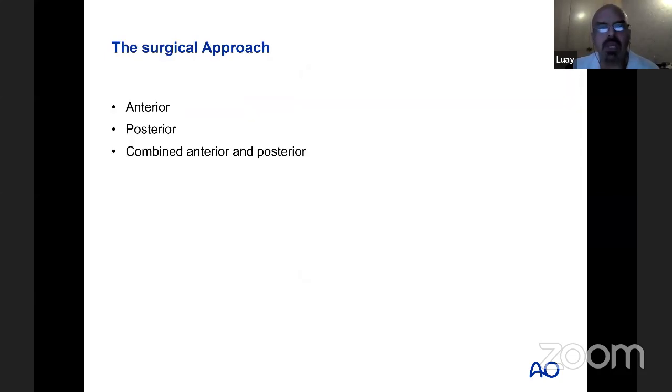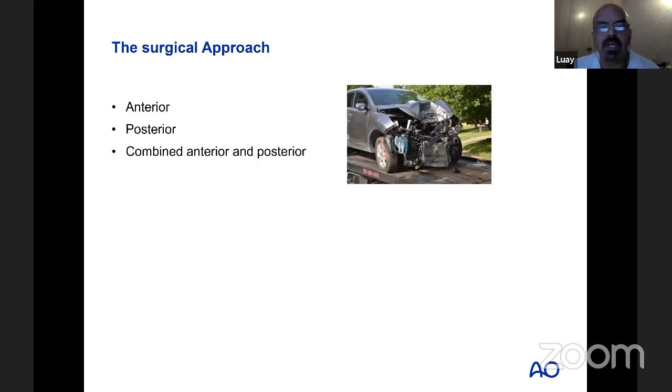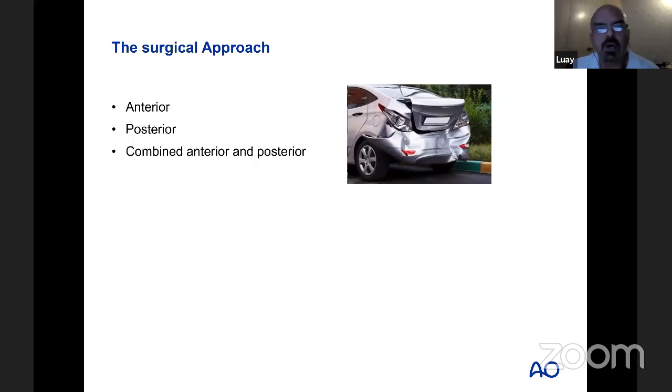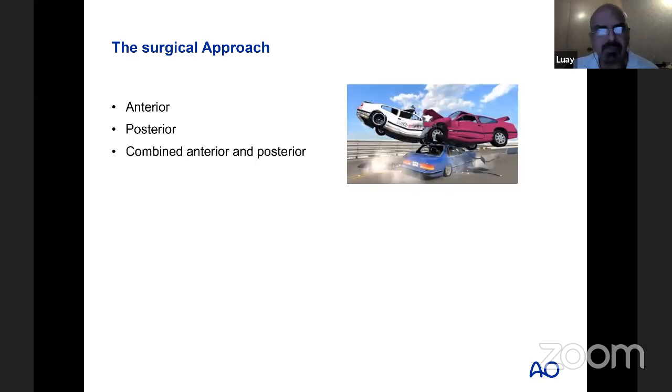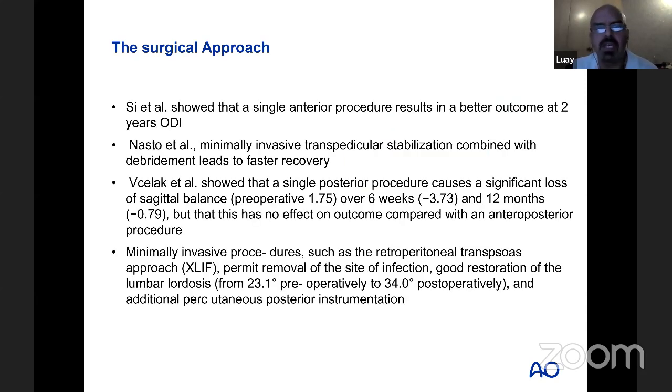And now the question: how to approach this case? Is it anterior or posterior or combined? I think it is a matter of the disease, a matter of experience, and individualized according to the case.